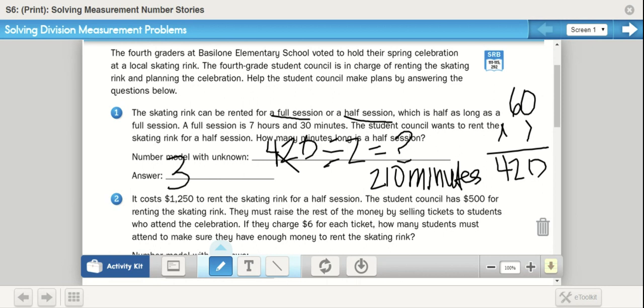So 3 hours and 210 minus 180 would leave me with, so if I do 210 minus 180, I'm going to say 30.